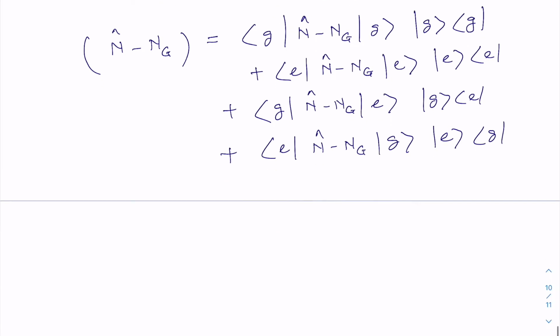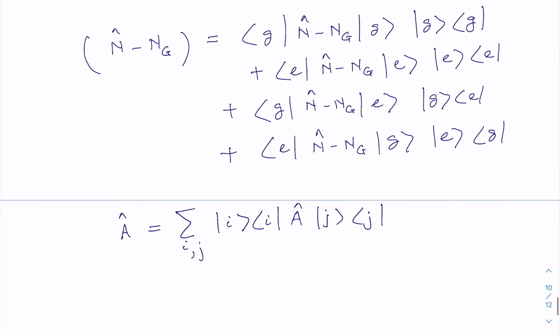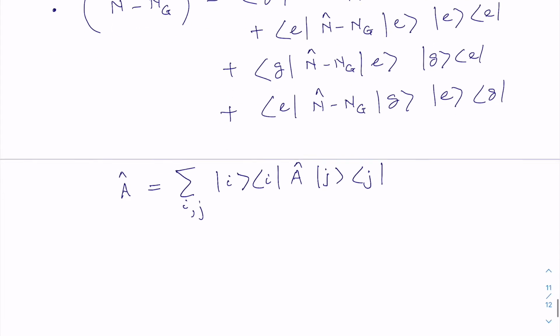Okay, this you can do. If you have forgotten, let me just quickly remind you. Suppose you have any operator a, I can always sandwich it between the basis states i and j, and then sum it. So this is what I have used while writing this expression here.